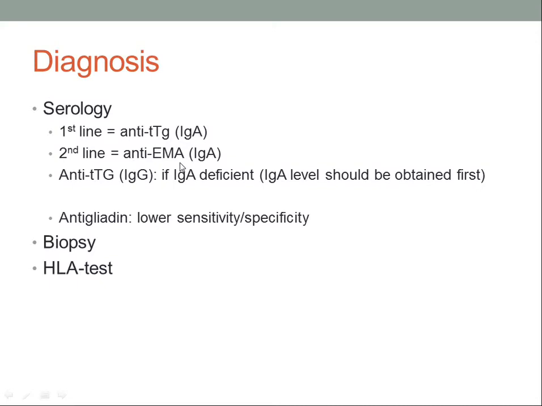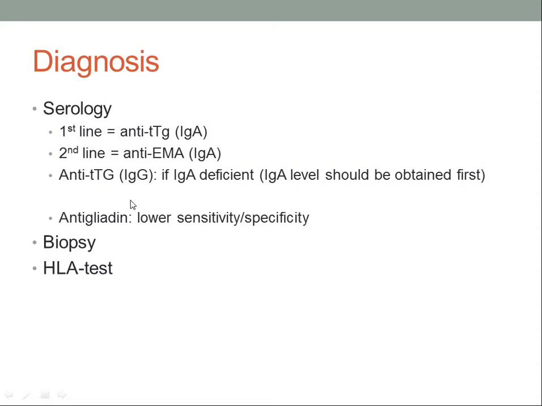Now in some cases, you may suspect that there is a false negative because IgA deficiency is indeed associated with celiac disease. So whenever you think that there may have been a false negative, you should always obtain an IgA level, and subsequently you should use the IgG anti-TTG test to determine whether somebody has celiac disease or not.